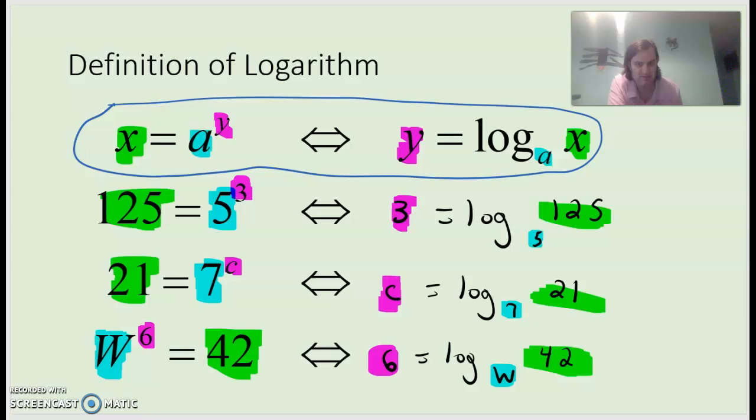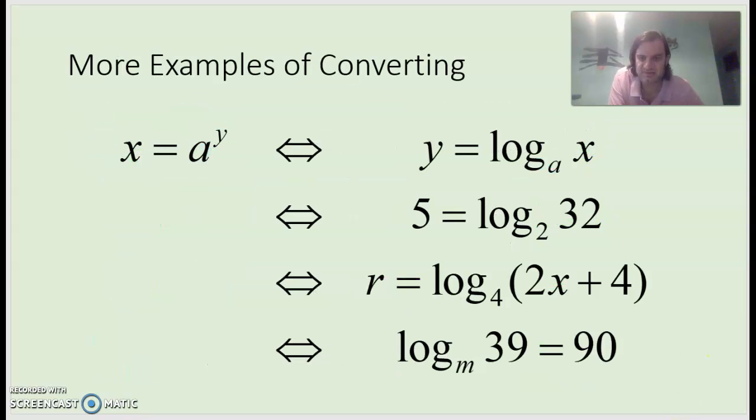Okay. Now I have more examples, but in these we're going to go from the log form over to the exponential. So let me see if I can keep the same colors I had before. So before I had the exponent in purple, I had the argument in green, and I had the base in blue.